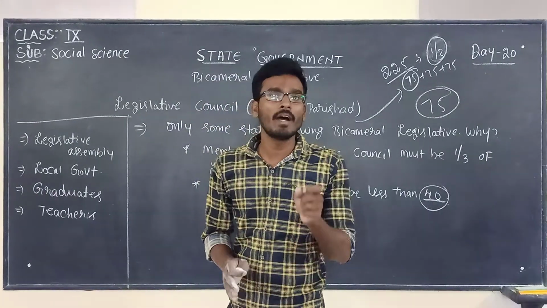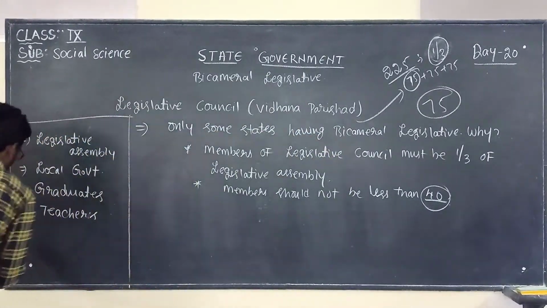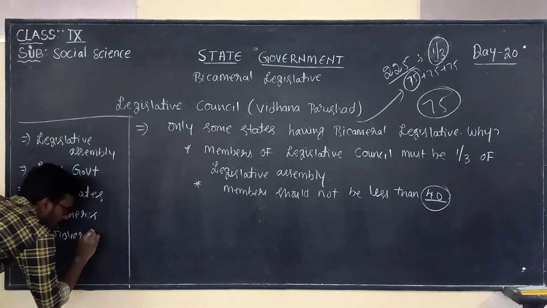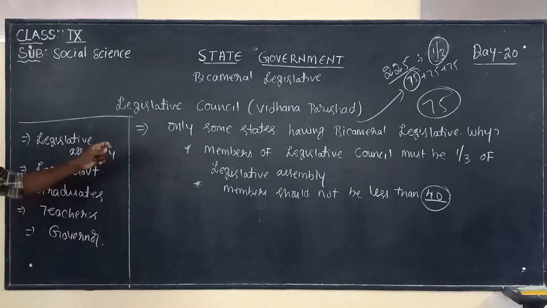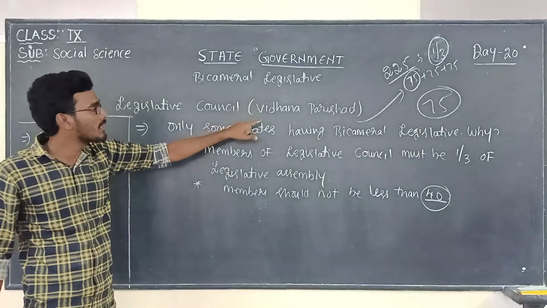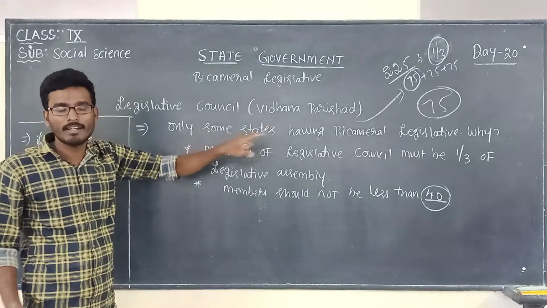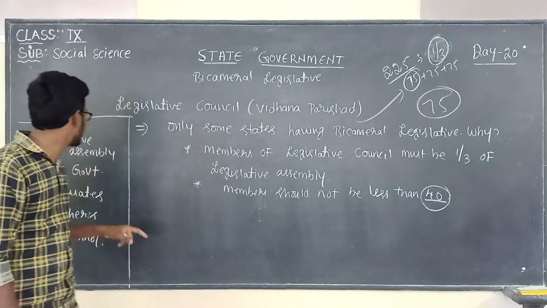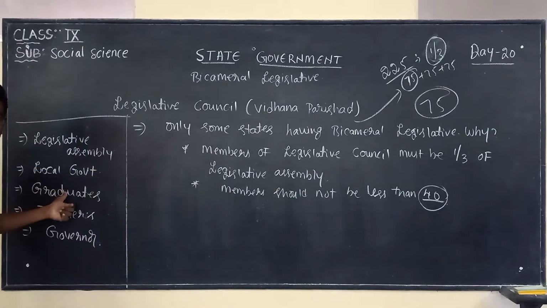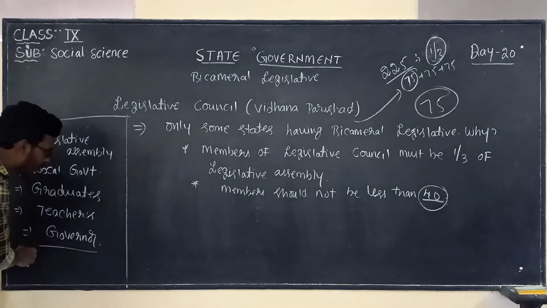And finally, some of the members of the Legislative Council are appointed by the governor. So the total members of the Legislative Council, the Vidhana Parishad in Karnataka, are from 5 areas: Legislative Assembly, local government, graduate constituency, teacher constituency, and finally the governor.